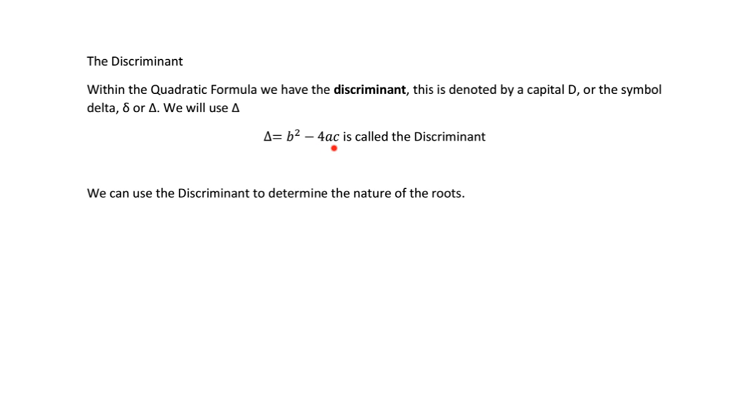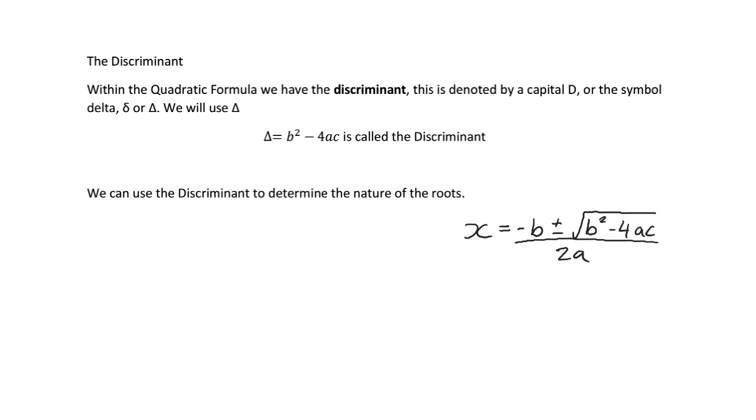Now, if you think back to the quadratic formula, as a reminder, the quadratic formula was x equals minus b plus or subtract the square root of b squared minus 4ac all over 2a.